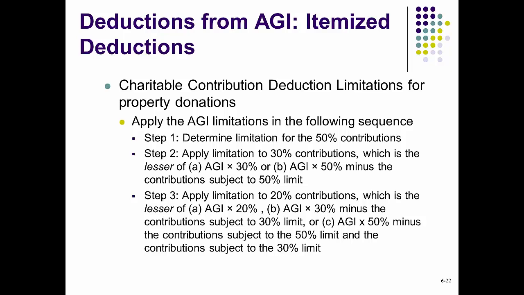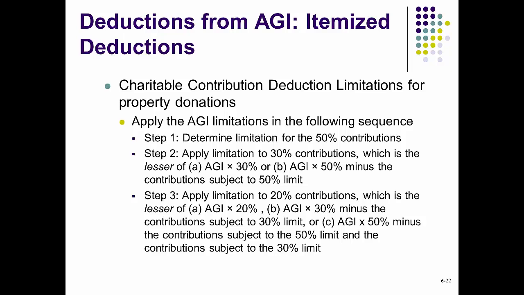Ordinary income property. Taxpayers contributing ordinary income property can only deduct the lesser of the two: 1, the property's fair market value, or 2, the property's adjusted basis. These assets include, number 1, assets held less than or equal to 1 year. Number 2, trade or business inventory.